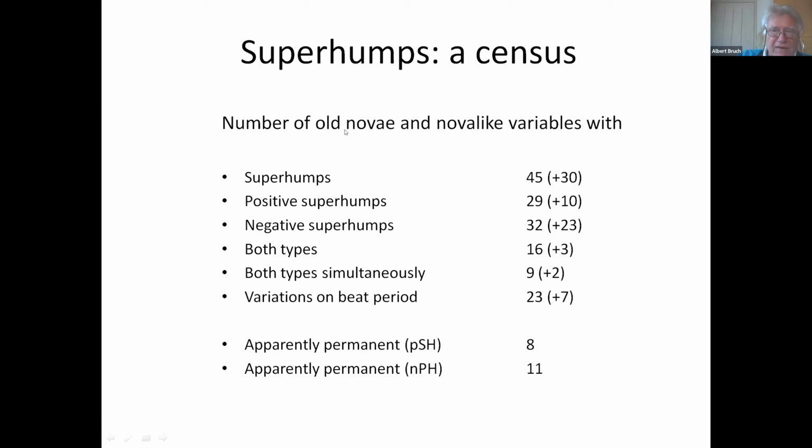29 plus 10 show positive superhumps, 32 plus 23 negative superhumps, and there are some systems which show both types, either alternatively or even simultaneously. The light curves often also contain variations on the beat between orbital and superhump periods, thus on the disk precession period.